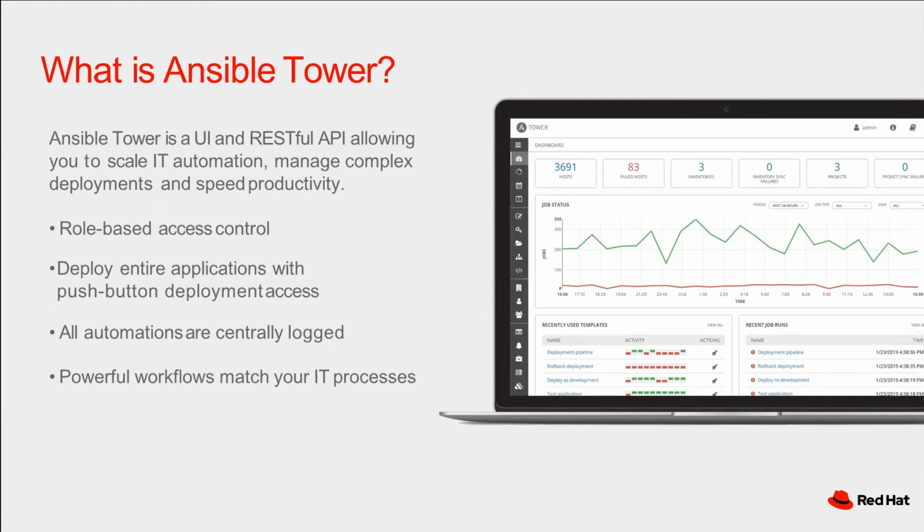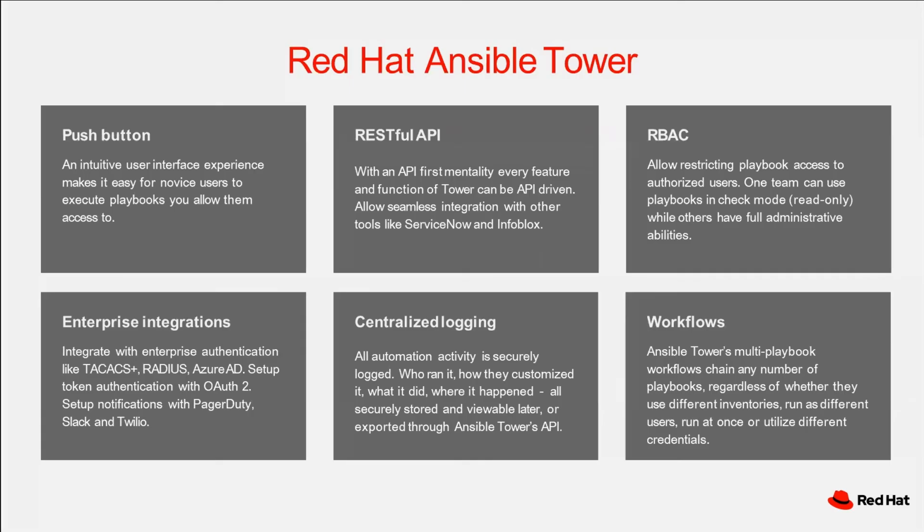With workflows, we can structure multiple playbooks to run sequentially, and provide a small amount of logic so that we can say, run this playbook, and if it fails, use this other playbook to roll back to a known good backup, or if it succeeds, continue on with the actions that we wanted to do. So we can structure some pretty complex workflow logic and use that to match our IT processes.